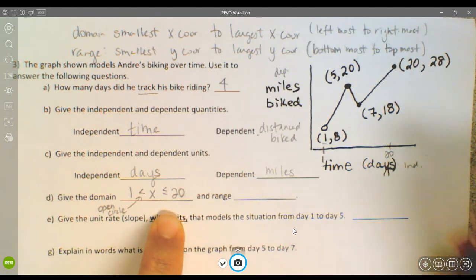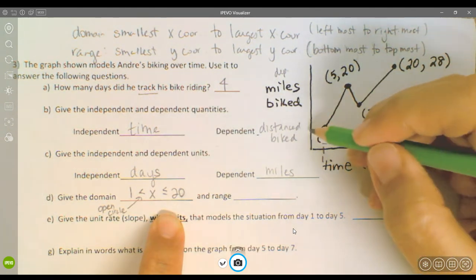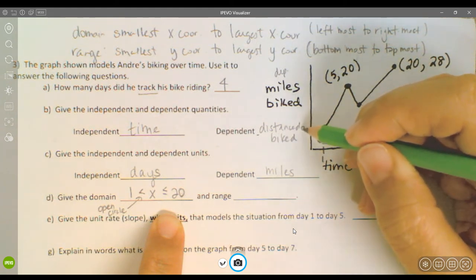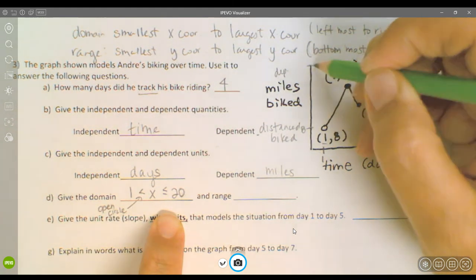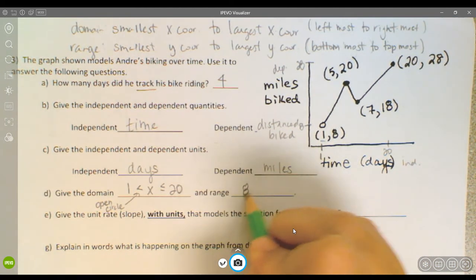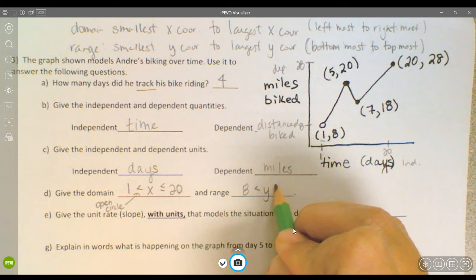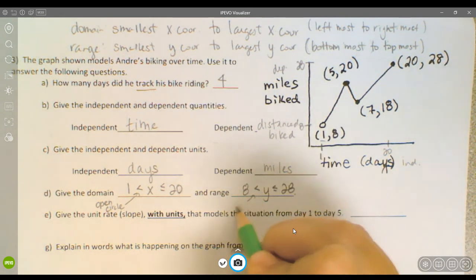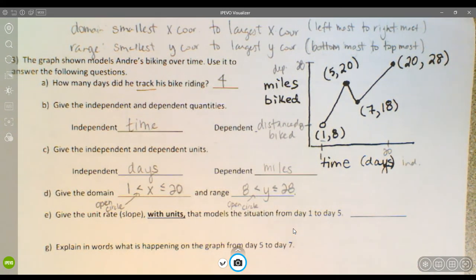Now my range is my height. The bottommost point I have there is 8. And the topmost I have is 28. So we're going to say 8 is less than y, which is less than or equal to 28. Once again, it's strictly less than because we have an open circle.